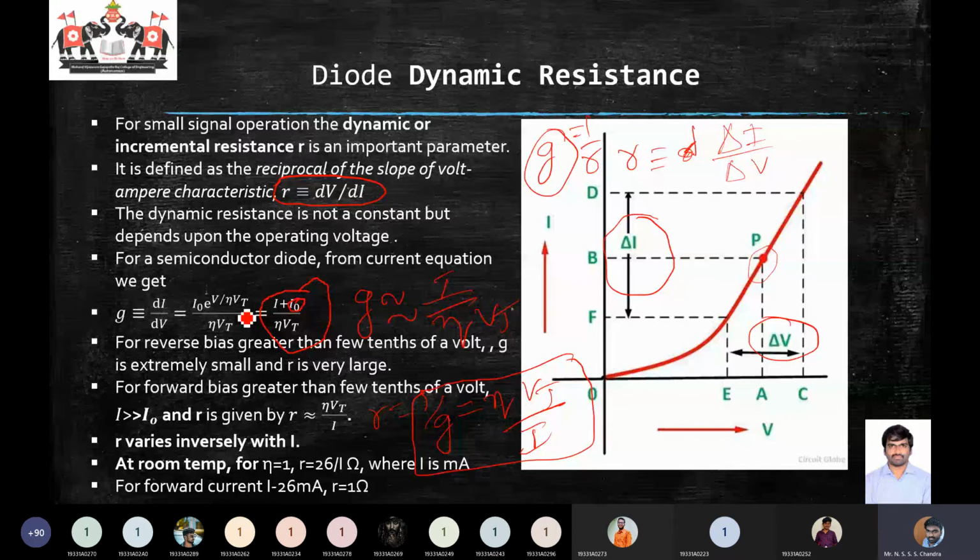From this equation, I can tell that your dynamic resistance is inversely proportional to I. So the higher your forward current, the lower will be the dynamic resistance.